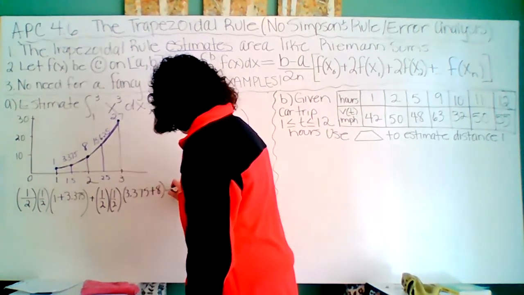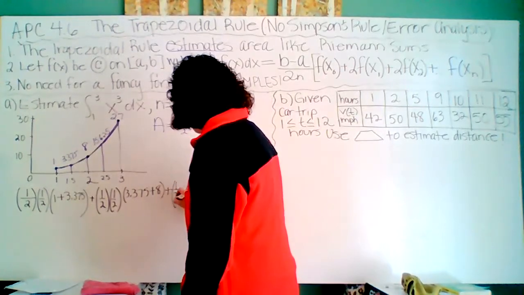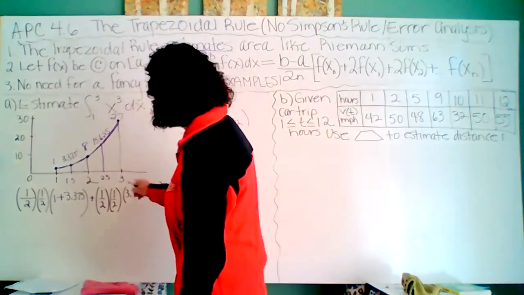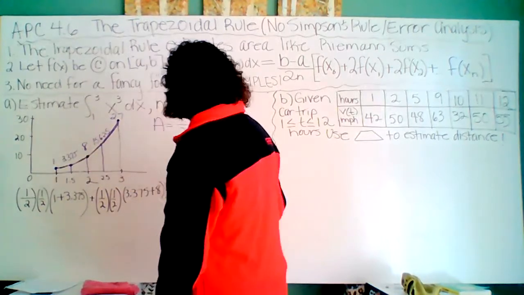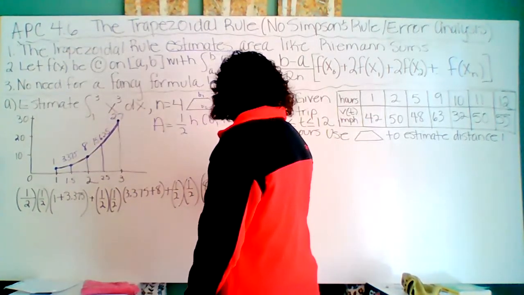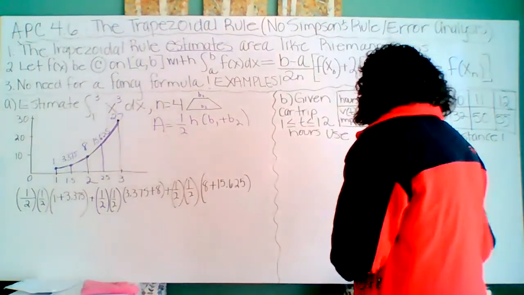The third trapezoid, right? 1/2 part of the formula, 1/2 for the base, and the bases are 8 plus 15.625. Now, I guess I'm going to kind of go into the next area here.